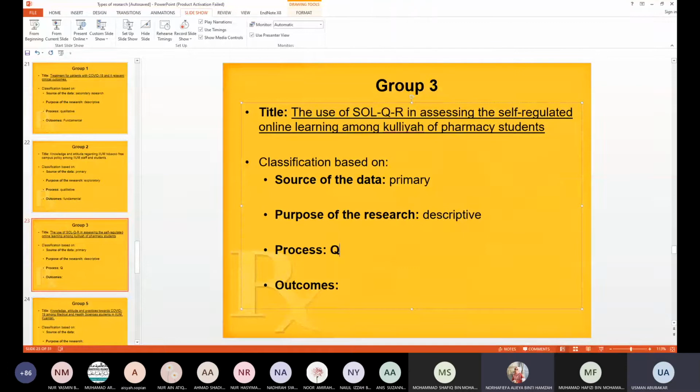Quantitative, which one? Can you come again? Quantitative. Quantitative, okay. Yes. Based on the outcome? Fundamental. Good.